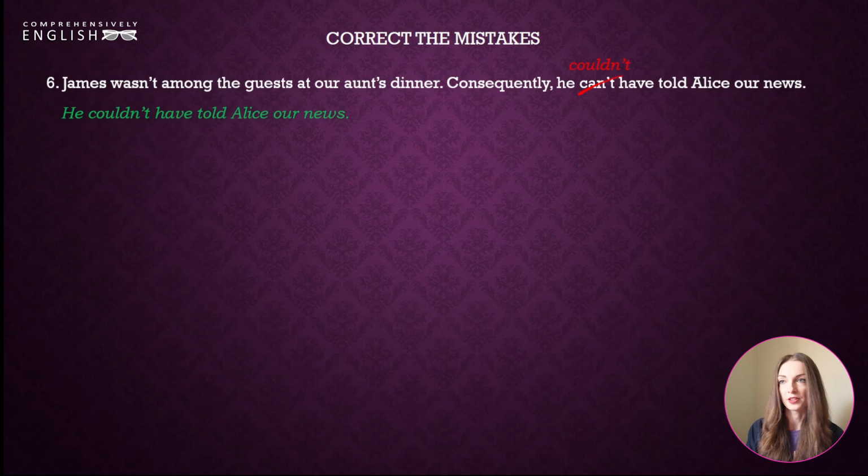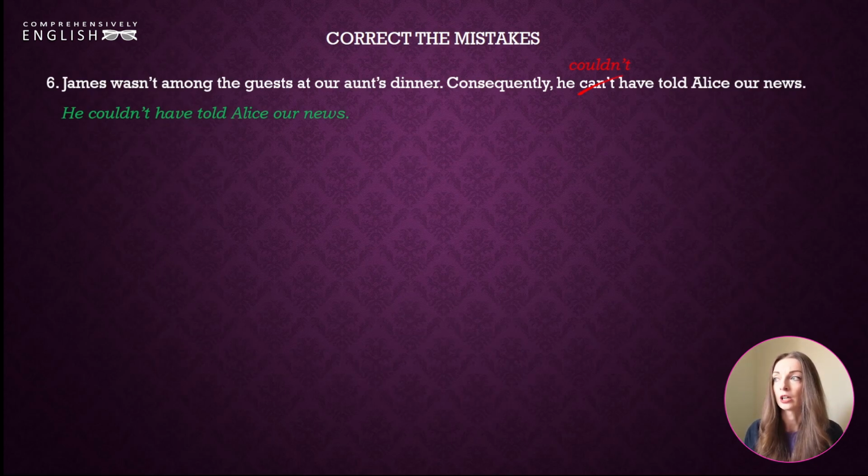But what's wrong with this sentence? Why do we need to use couldn't here, not can't? Though both can't have and couldn't have can express disbelief or doubt, couldn't have may also express physical inability to do something in the past, while can't have done something only expresses your disbelief. It's usually used in emphatic sentences to show your attitude to the situation, not to express somebody's physical inability to do something in the past.